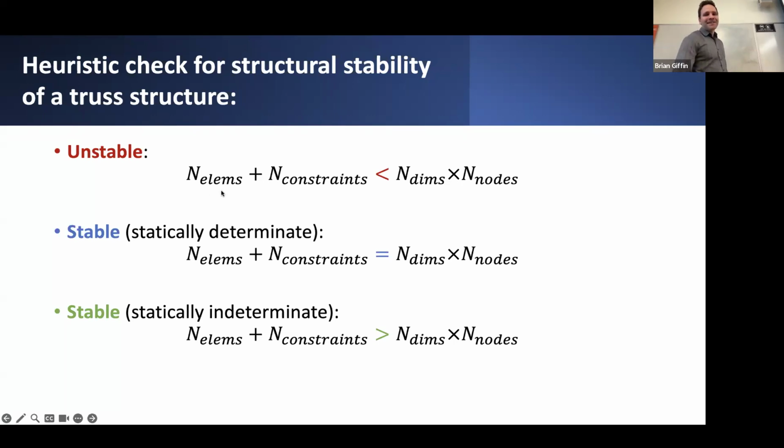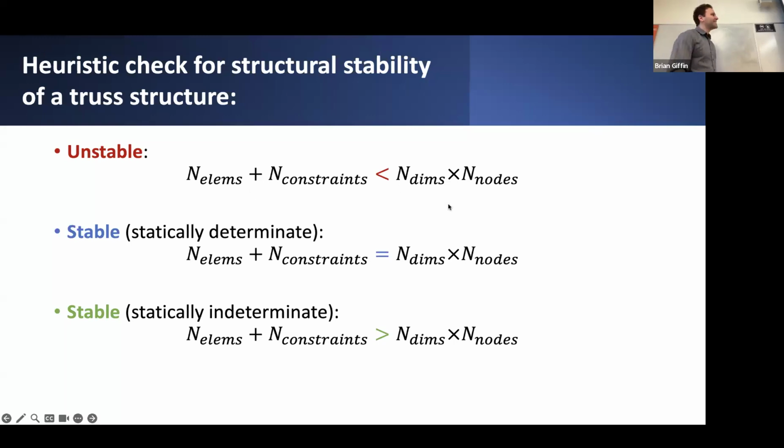The total number of elements corresponds to the total number of internal forces in the structure, plus the total number of constraints, which corresponds to the number of reaction forces that you also have to solve for. So if your unknowns are represented as internal forces and external support reactions, then this left-hand side can be interpreted as the number of unknowns that you're solving for.